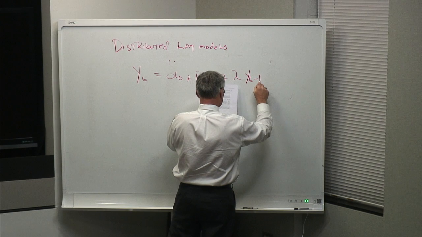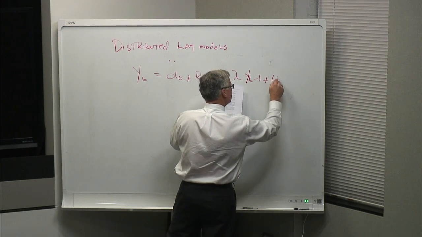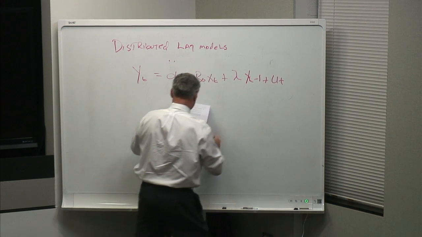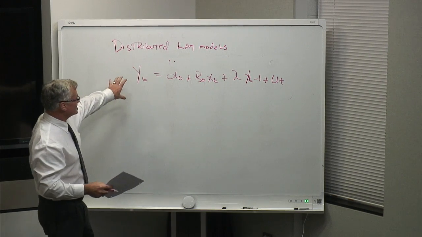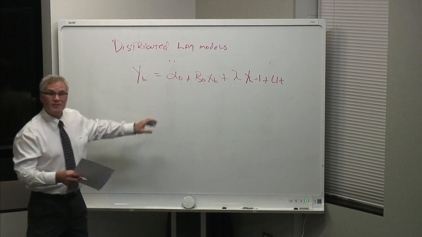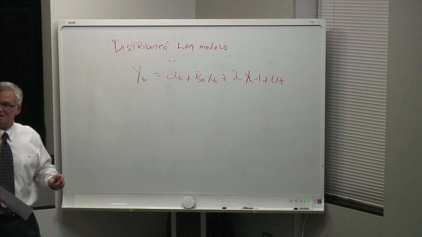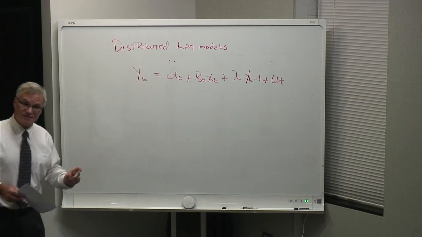Lambda y sub t minus 1 plus u sub t. So, this is a simple dynamic model, and the reason it's dynamic is because it's recursive.